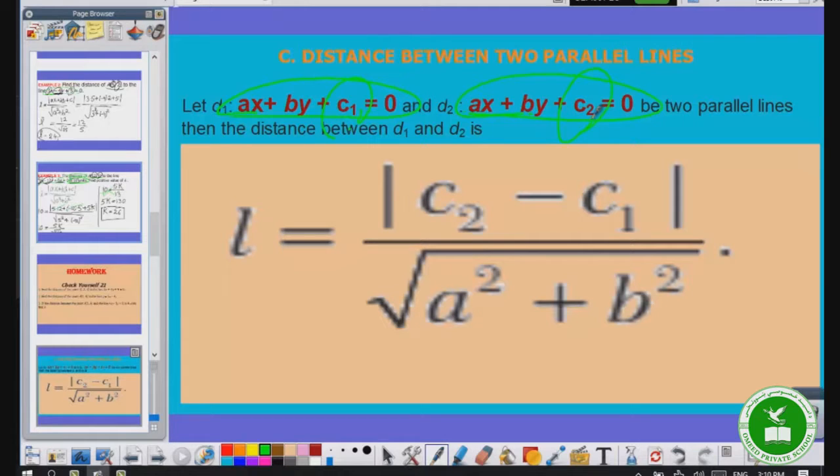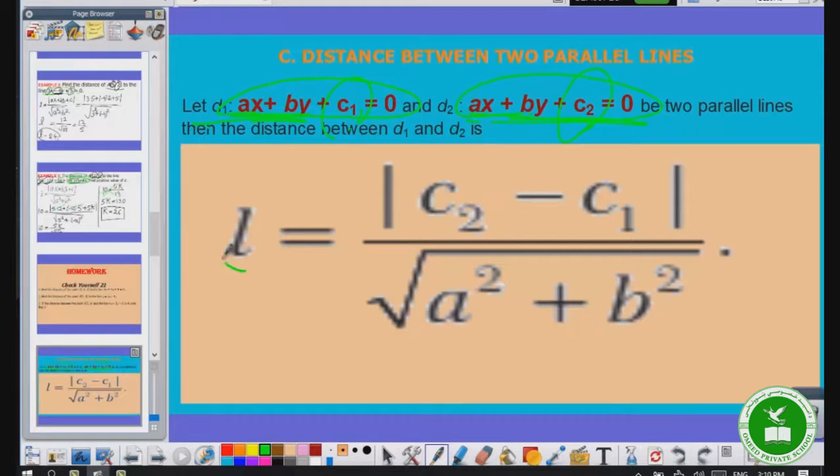Okay. Now, how can we calculate the distance between this line and this line? Again, we have a very simple formula here. Let's discuss this formula.